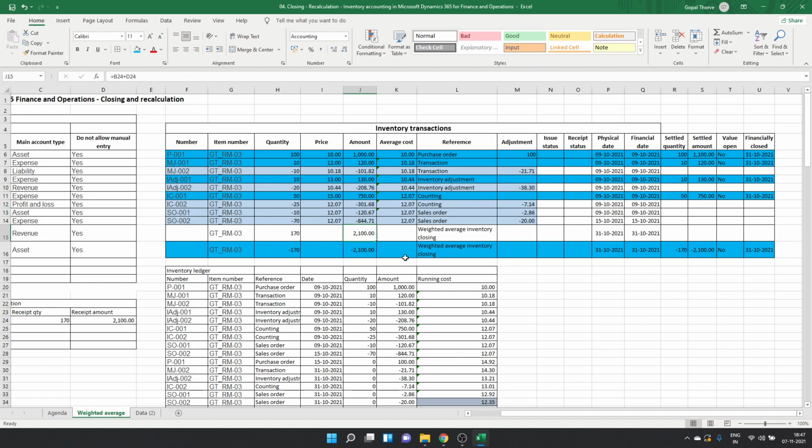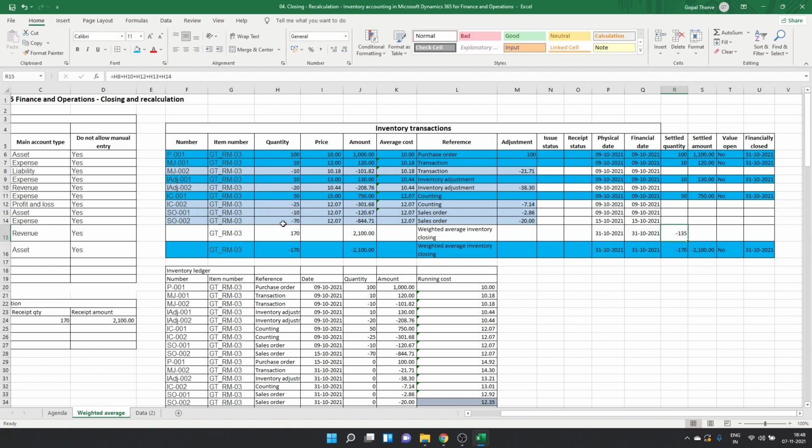Out of this 170 quantity, how much quantity is settled? It is 10 plus 20 plus 25 plus 10 plus 70.